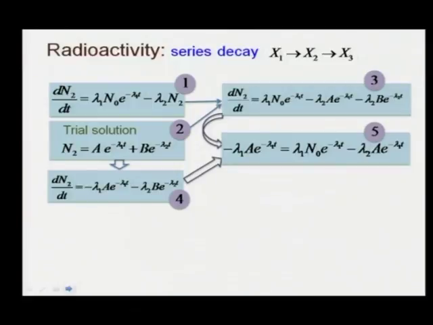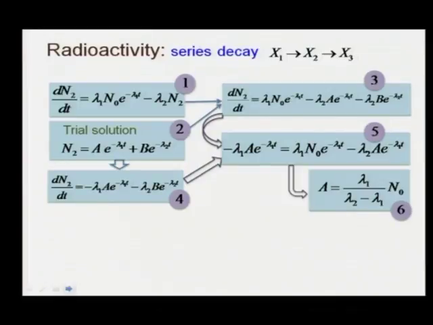That is, minus lambda 1 A e power minus lambda 1 t is coming from the right hand side of equation 4, that should be equal to lambda 1 N0 exponential minus lambda 1 t minus lambda 2 A exponential minus lambda 1 t coming from equation 3.